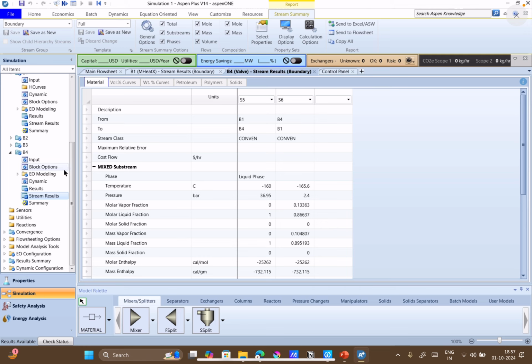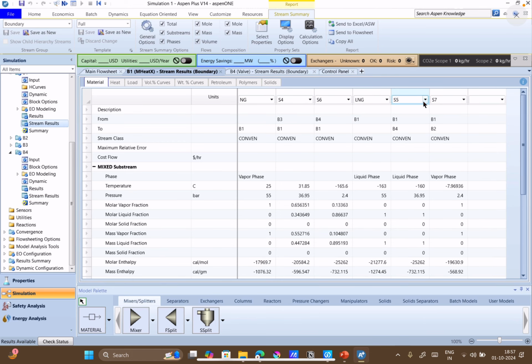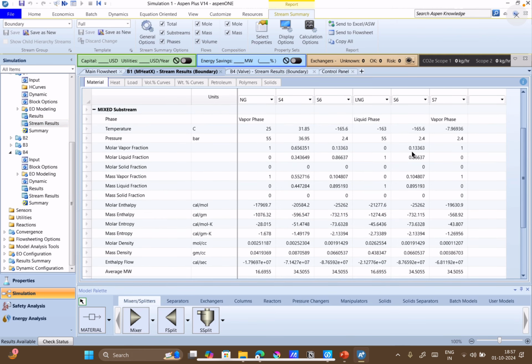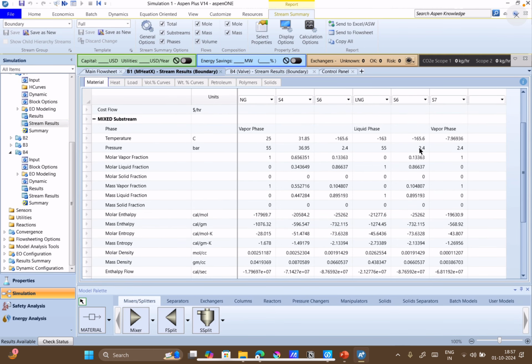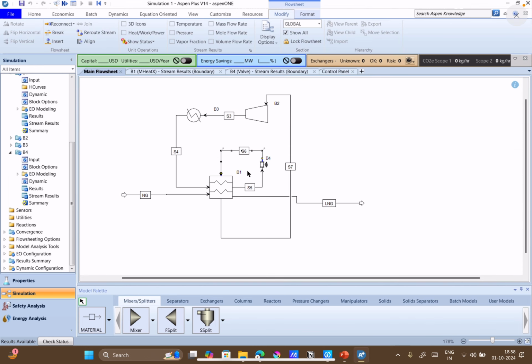From there, the S6, which is the cooled stream, will exchange heat with both natural gas and intermediate S4, and you can see it has exchanged it and its temperature came to minus 7.96 degrees centigrade, and it completely became a vapor phase.